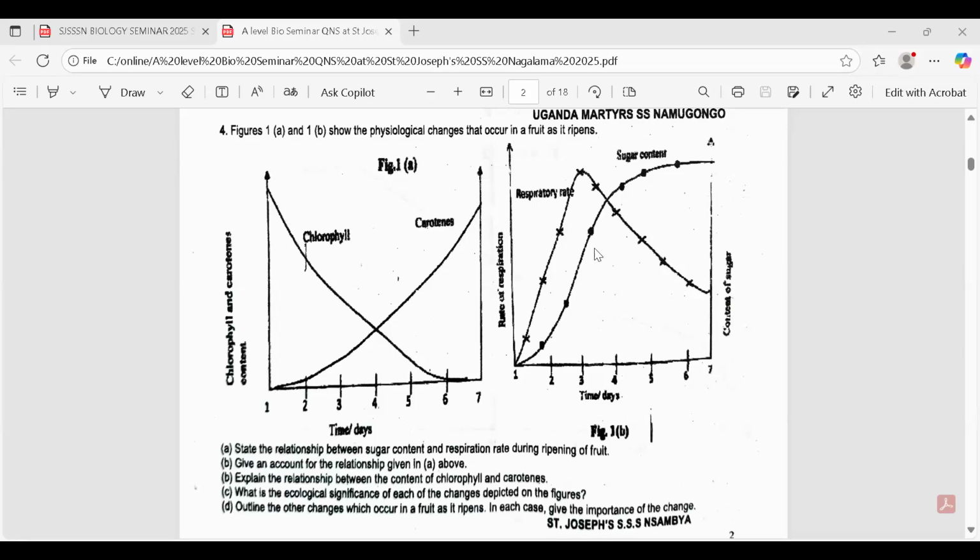Rather, we shall pick up from 3 to 7. Okay? So from 3 to 7, as the respiratory rate decreases rapidly, the sugar content increases gradually to attain a peak. To attain a maximum. Now, there is a difference between a peak and a maximum. For a peak, it increases, then it decreases. It attains a peak, then it decreases.